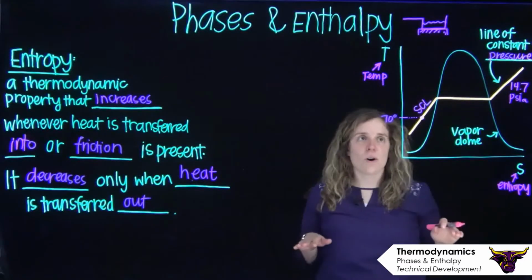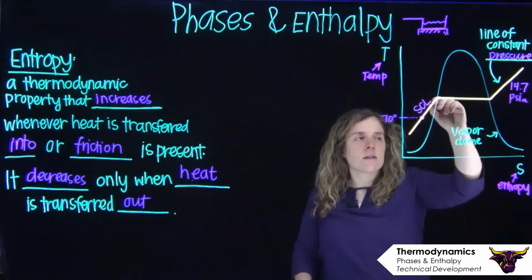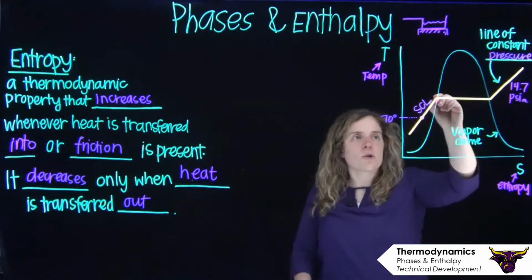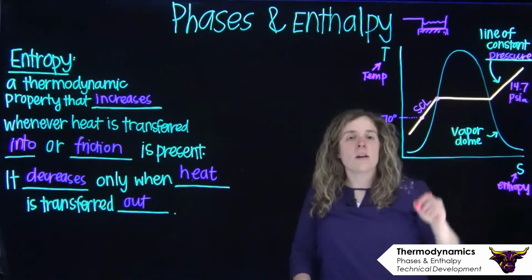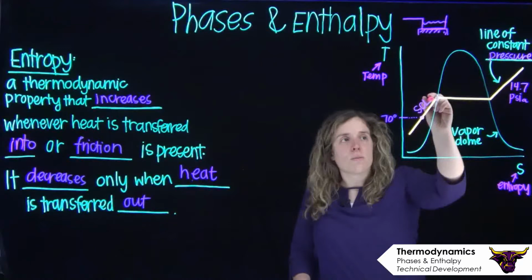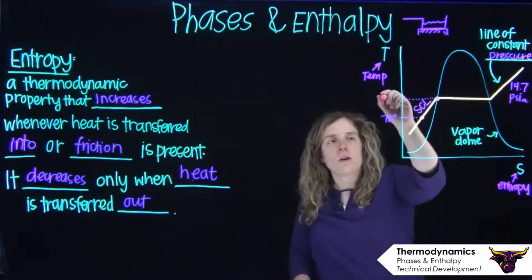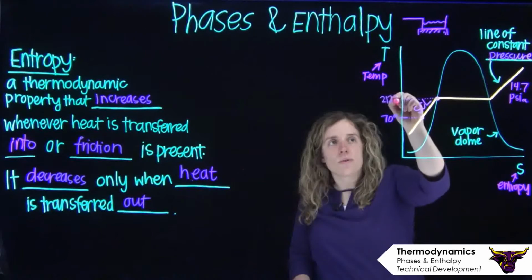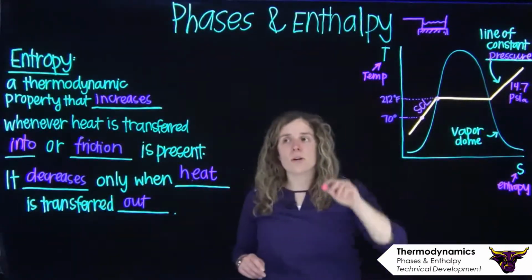It is just water. But as we progress up this line of constant pressure, we get to the point where we start to intersect this vapor dome. This is when the water starts to boil. If we dot over to our temperature, we're now at 212 degrees Fahrenheit because we know at atmospheric pressure, that's when water boils.